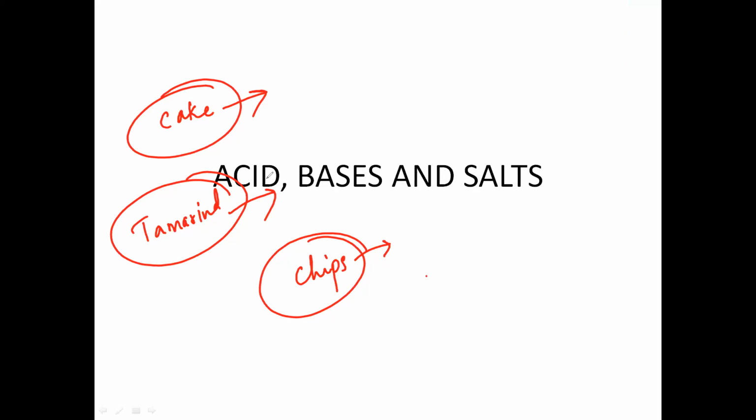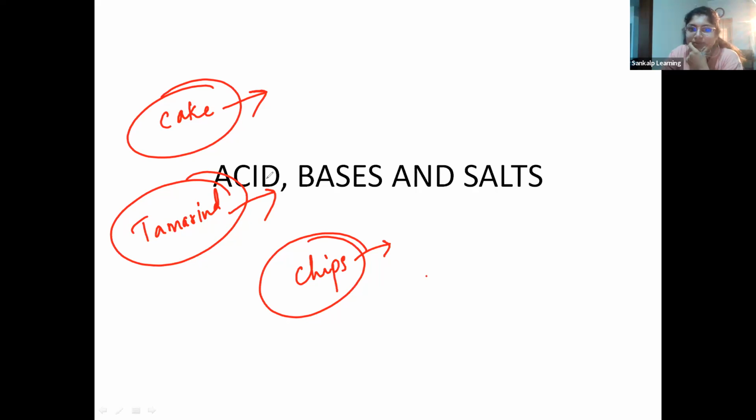Suppose lemon juice, how will be the taste of lemon juice? Sour. Curd is also sour in taste. Then sugar will be sweet in taste. Grapes, cucumber, then salt. So different substances have different tastes.